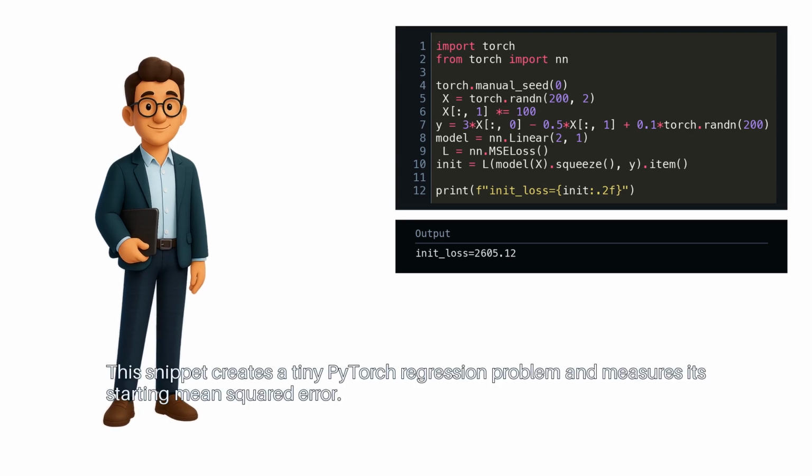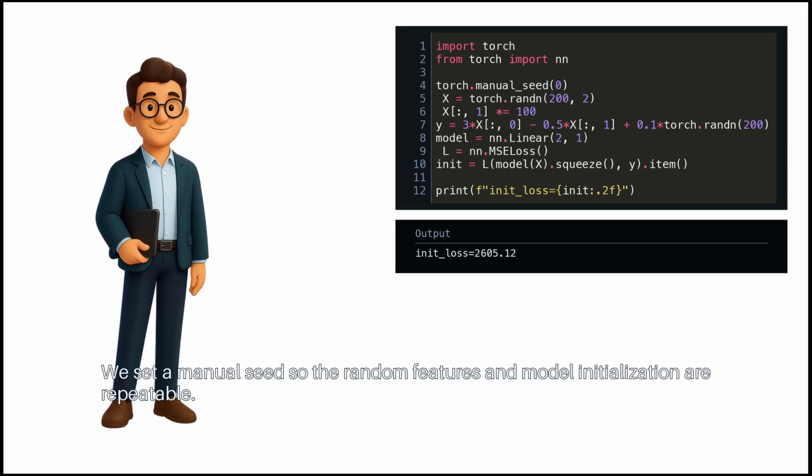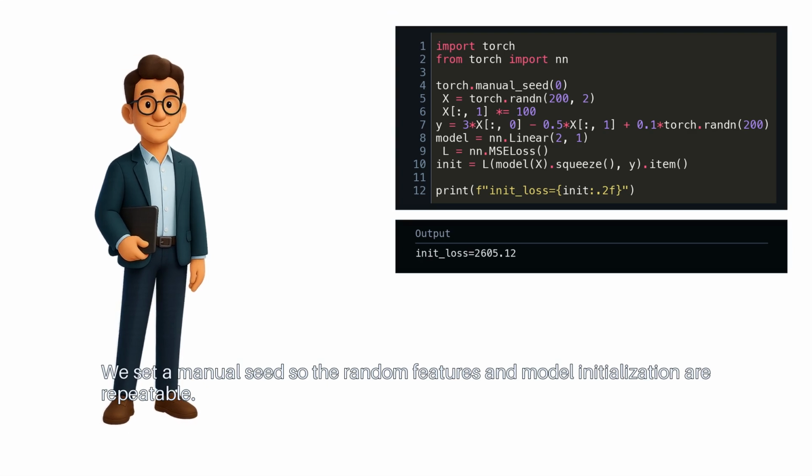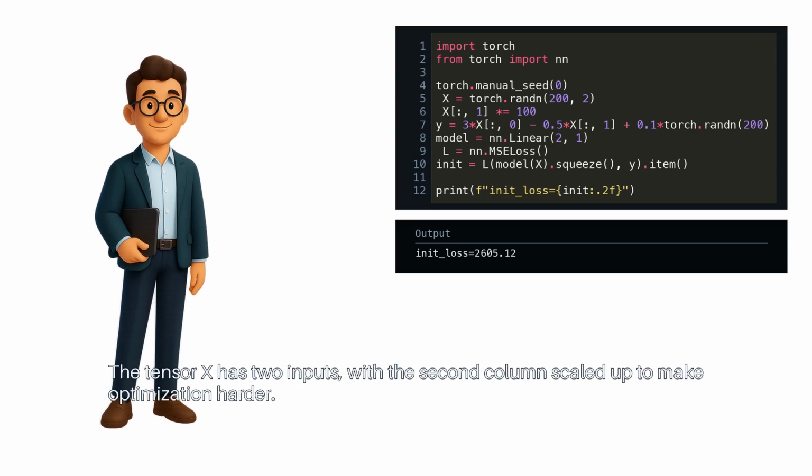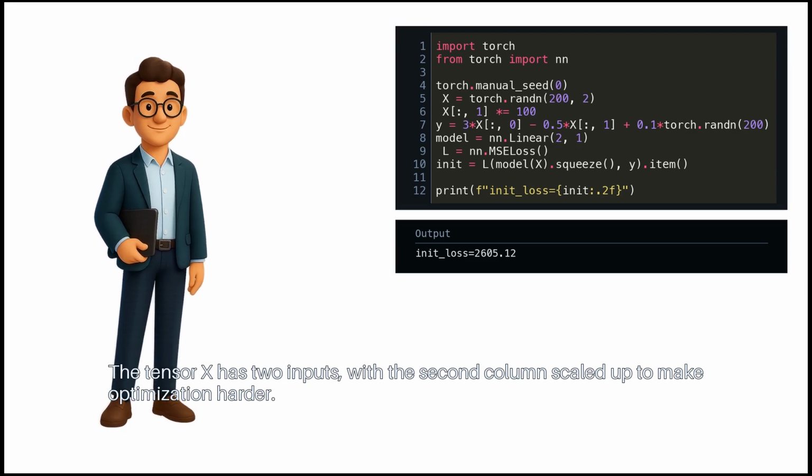This snippet creates a tiny PyTorch regression problem and measures its starting mean squared error. We set a manual seed so the random features and model initialization are repeatable. The tensor X has two inputs, with the second column scaled up to make optimization harder.